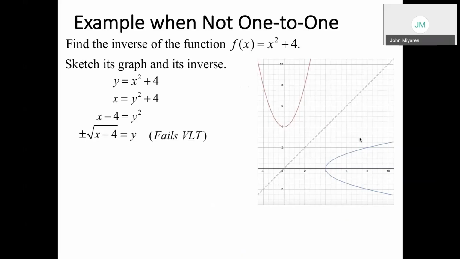We could have predicted this by looking at the original parabola and seeing that it was going to fail the horizontal line test. So those horizontal lines that cross the parabola more than once are going to turn into vertical lines that cross the parabola more than once when we flip it over sideways.